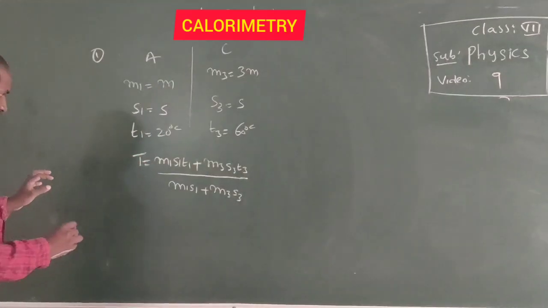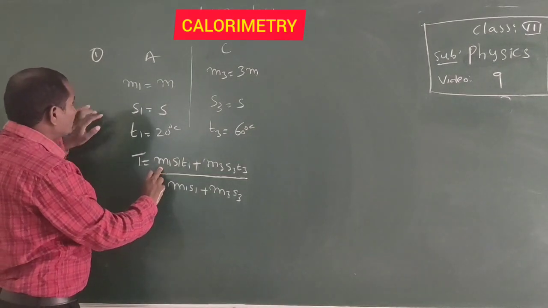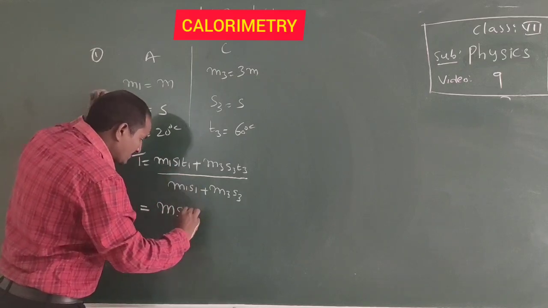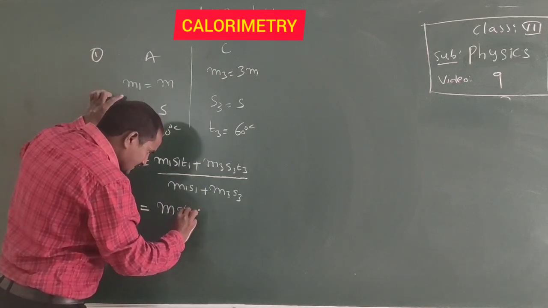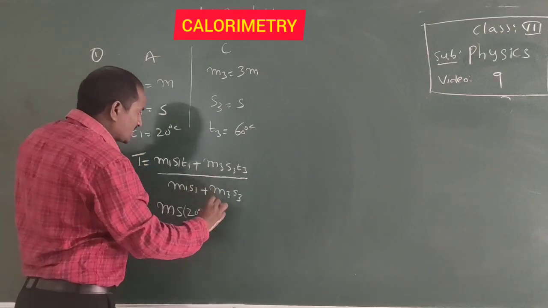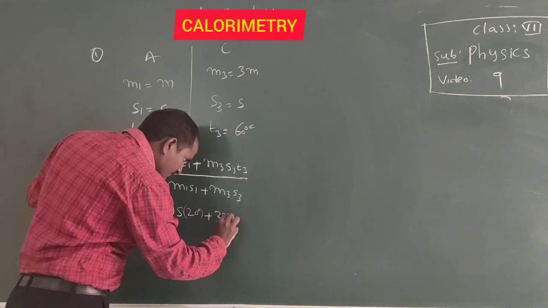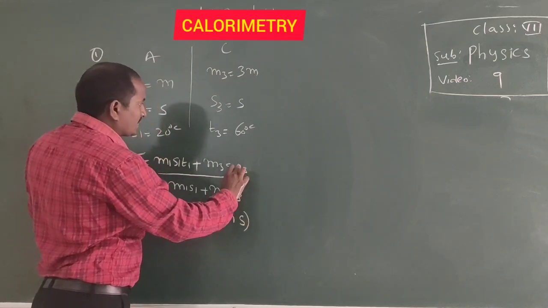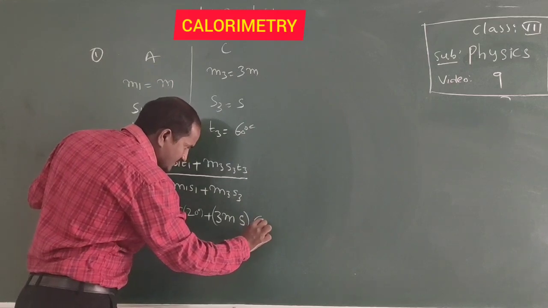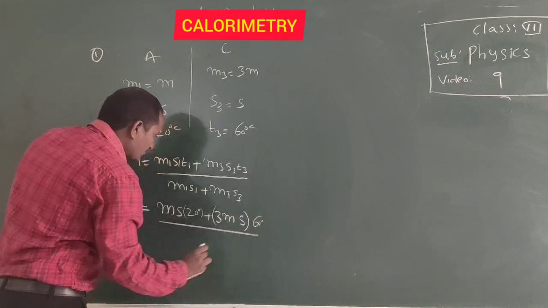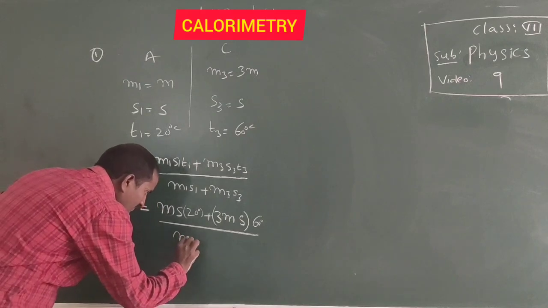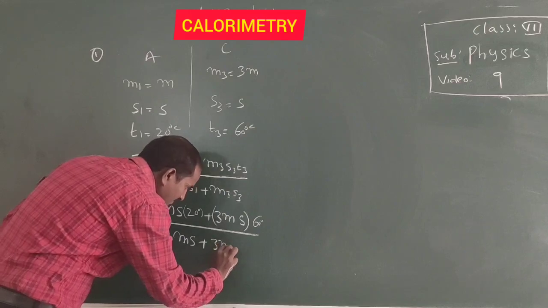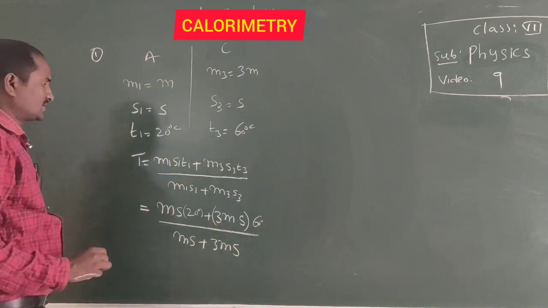So first liquid of mass M, specific heat capacity S, temperature equal to 20 degrees Celsius, plus M3 equal to 3M, S3 equal to S, into temperature equal to 60 degrees Celsius, by M1 equal to M S plus M3 equal to 3M S3 equal to S.